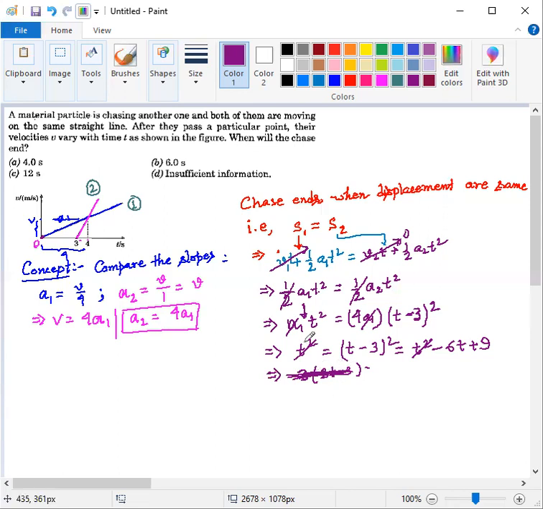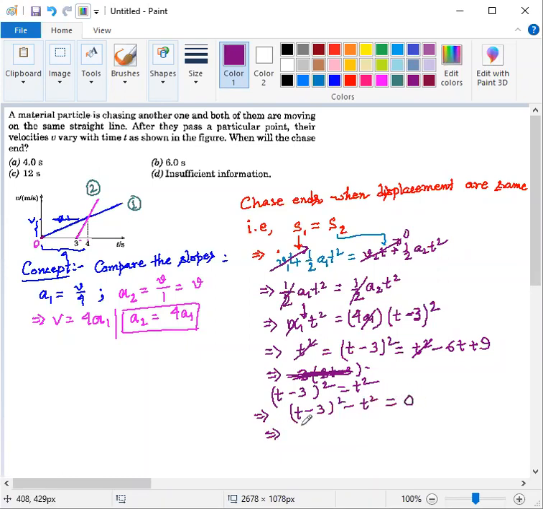We can write the solution of this equation as (t minus 3) whole square equal to t square. So what should be its solution? If we find out the solution, then we can write (t minus 3) whole square minus t square equal to 0.